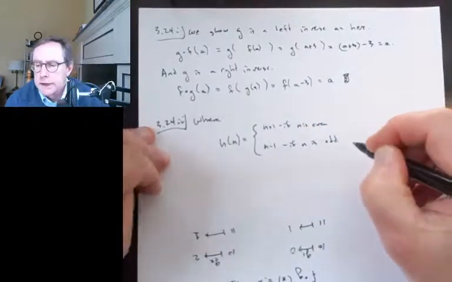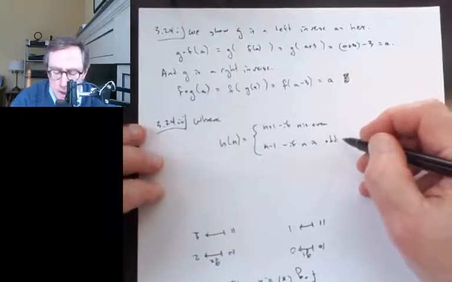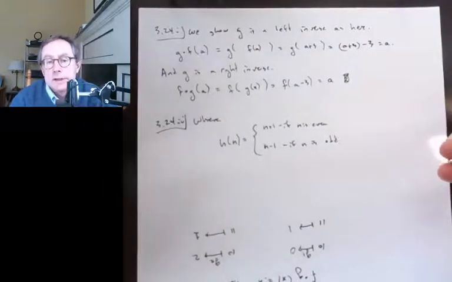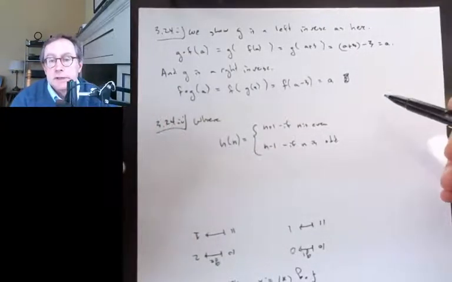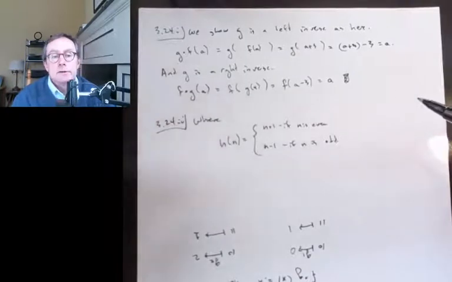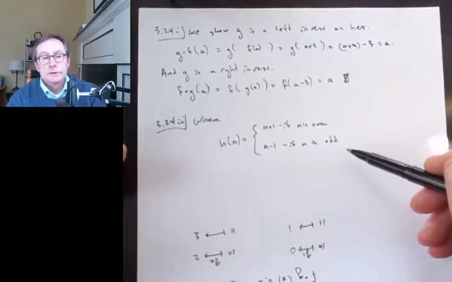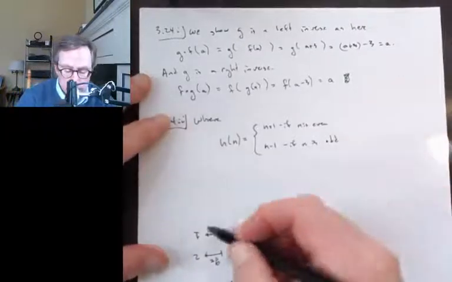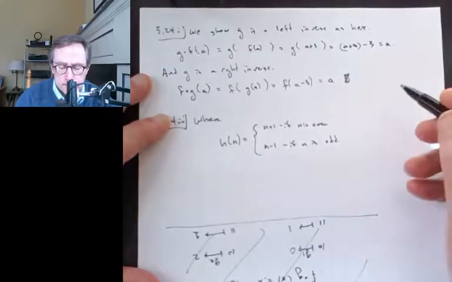Then the question says find a function inverse to h. Of course, any question in this class, unless it specifically says otherwise, you're asked to justify it. So it says find one, but I would be asked to go through the argument, and I'm a little bit nervous about running out of paper here. We'll see how it goes.